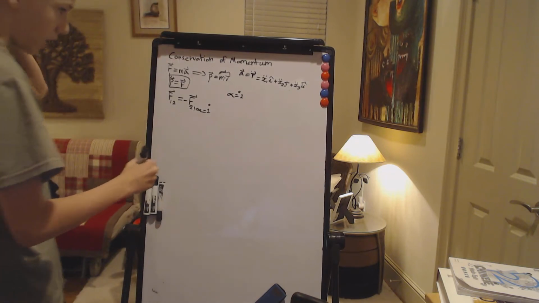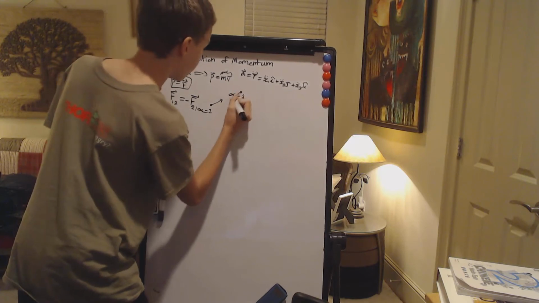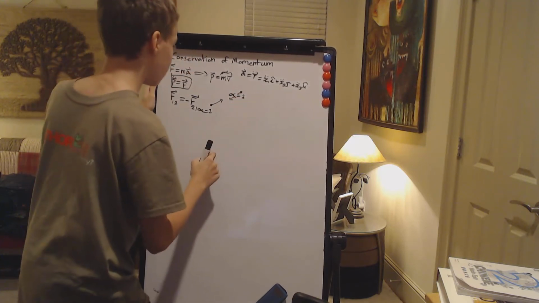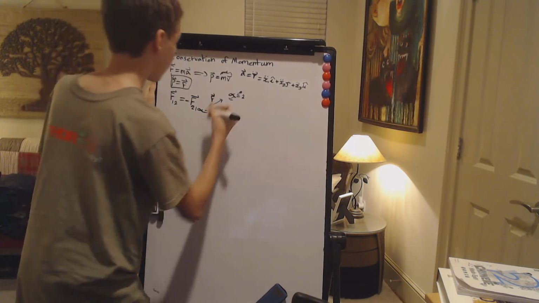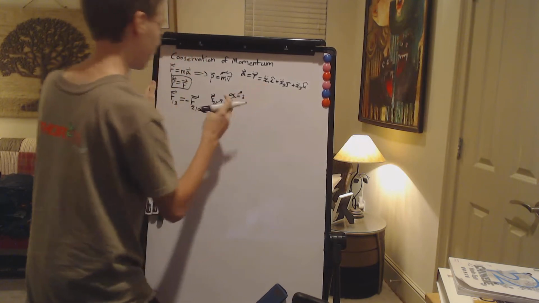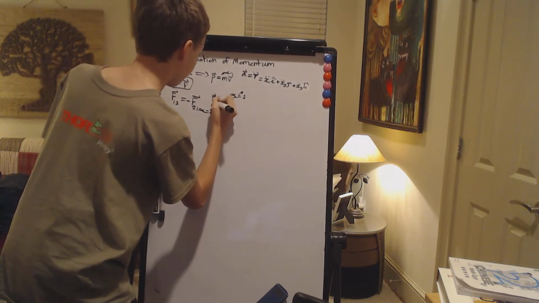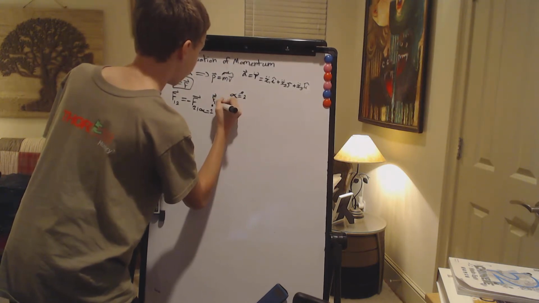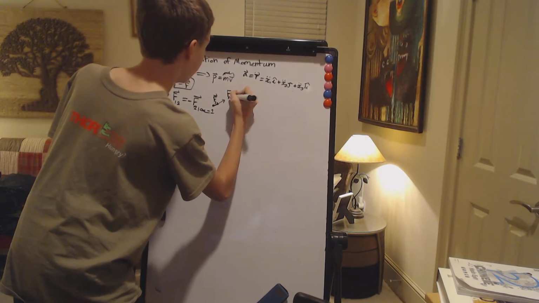They exert some kind of force on each other, so we can write it as such. This is the force on 1 due to 2, my bad, and this is the force on 2 due to 1.